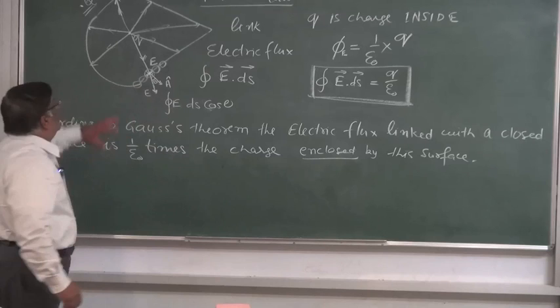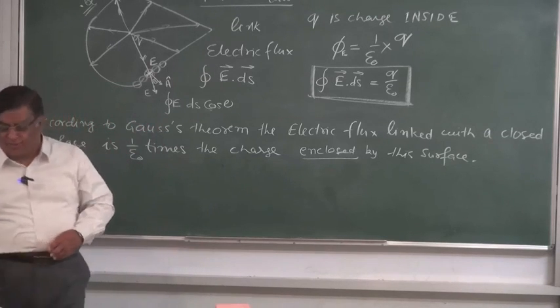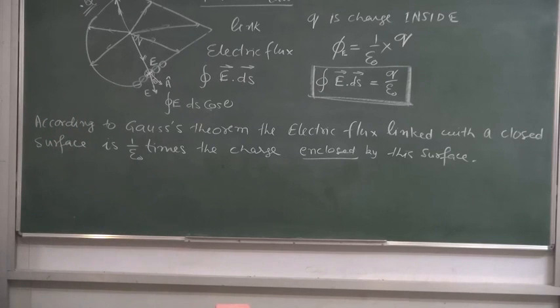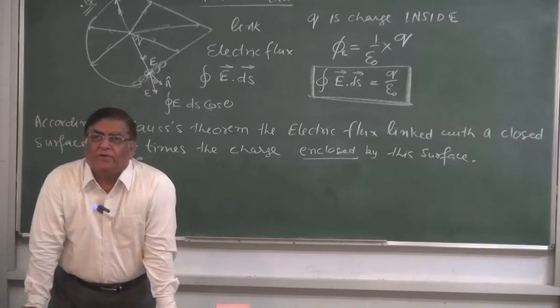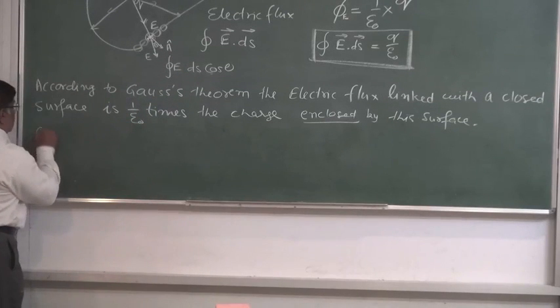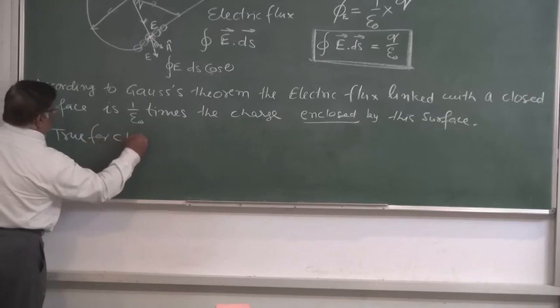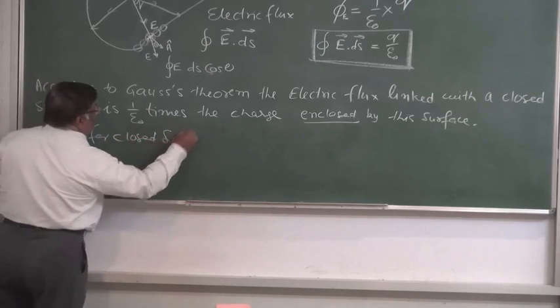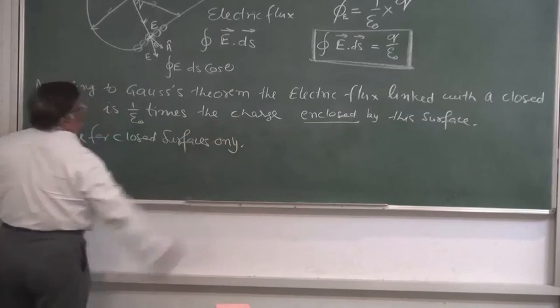Now, there are so many clarifications and doubts about it. We will take them one by one. The first one is that Gauss theorem is true for closed surfaces only.